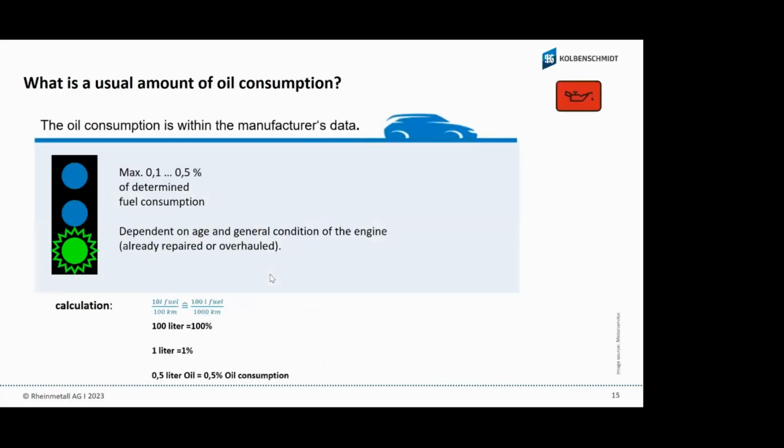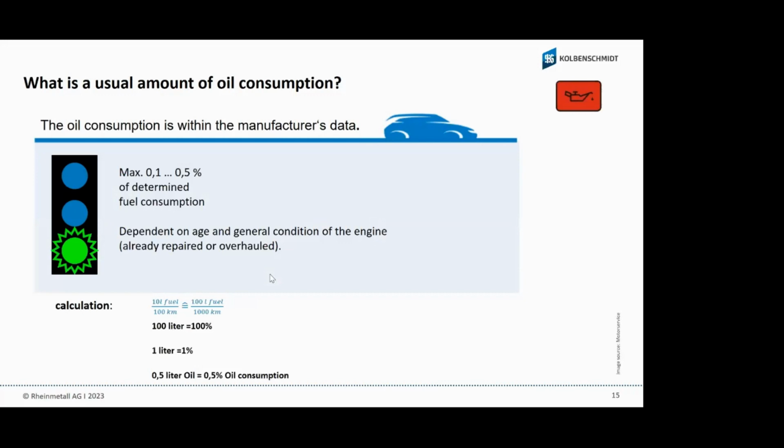The manufacturing data is coming not from us, but from the OEMs: Mercedes, MAN, VW, Audi, and so on. They say 0.1 to 0.5% of the fuel consumption can be the oil consumption. In this calculation, for a passenger car with 10 liters of fuel per 100 kilometers, that means 100 liters of fuel per 1000 kilometers.